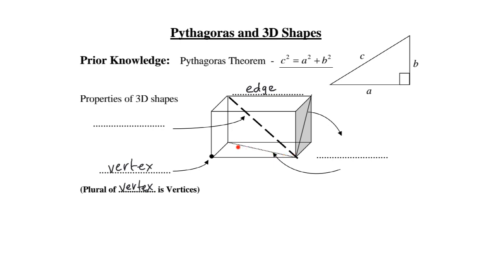If you imagine a cuboid, then on this bottom face, we're drawing a line that connects two opposite vertices. And we would refer to that line as a face diagonal.